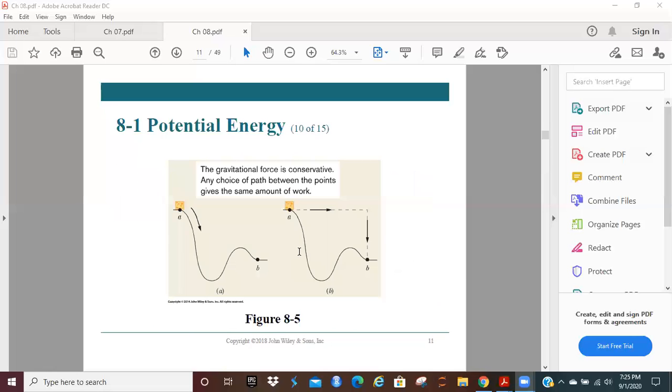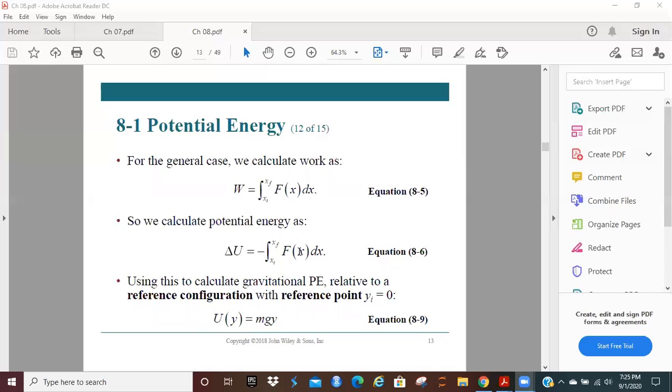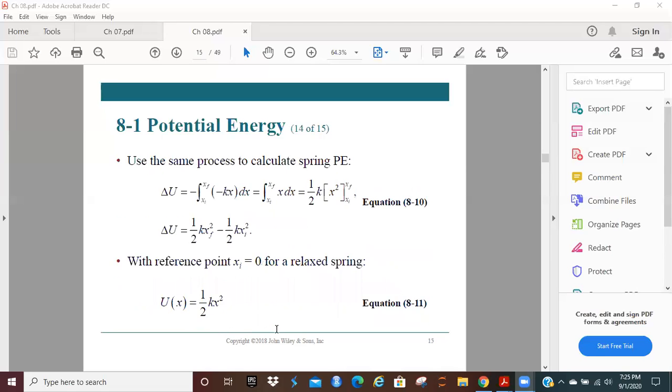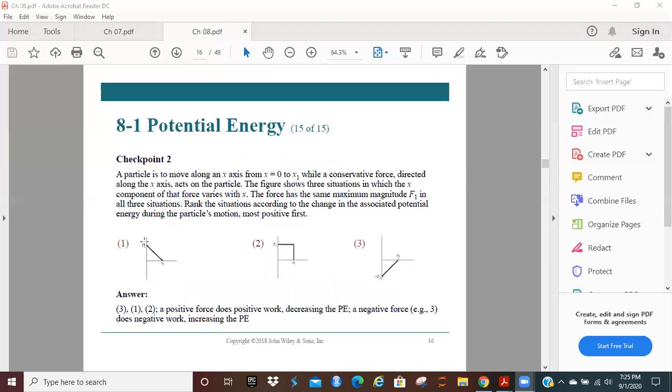And even though, according to our definitions here, which hopefully I haven't rushed past, this is going to generate positive work, which is going to be a negative potential energy, this particular situation is going to produce far less of a drain in potential energy than this does. Because what this graph is saying is that it doesn't matter how far over you go towards x1, the force is always going to be constant.